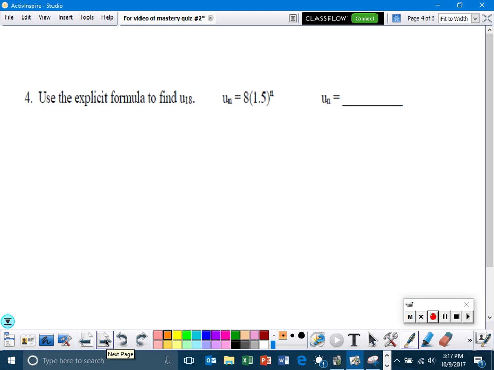Example 4, or problem number 4. Again, this one's a geometric, just the way that you see the explicit formula. So we're going to plug it in. So here we go. 8 times 1.5, the n is 18.